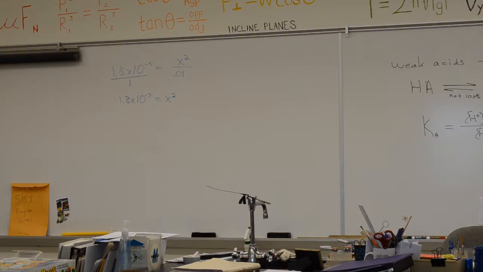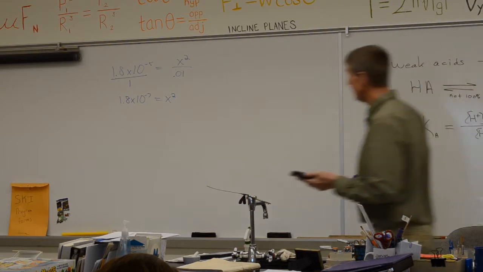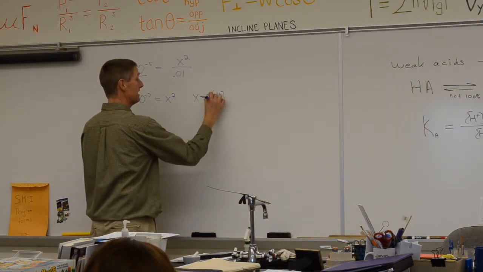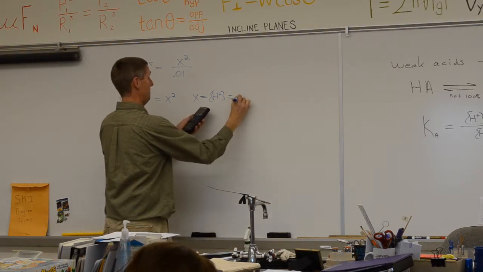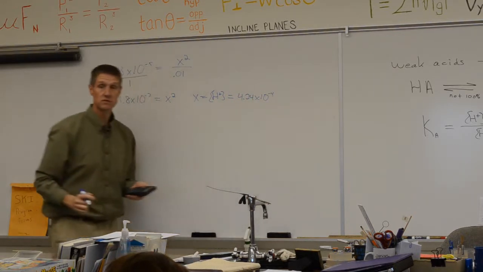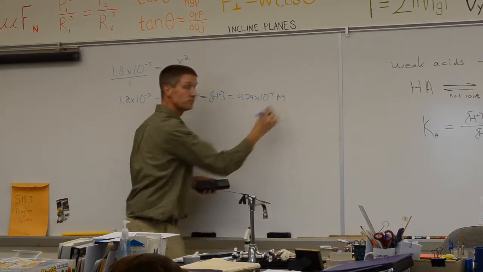Let's take the square root of that. The square root of 1.8 times 10 to the negative seventh is an X value, which of course is our hydrogen ion concentration, of 4.24 times 10 to the negative fourth molar.